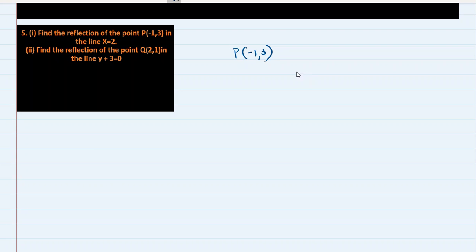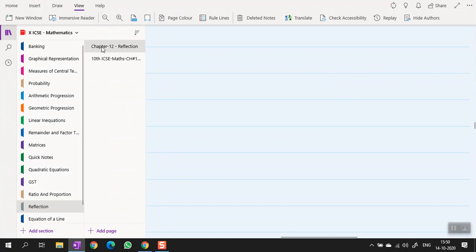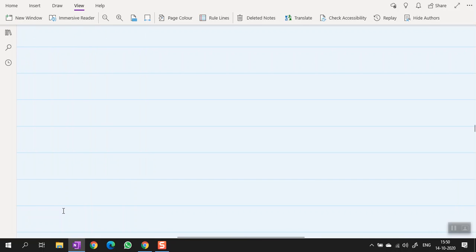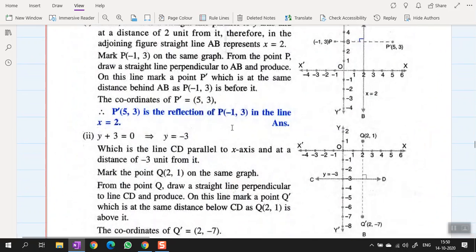For that we need to plot the graph and find the reflection of this point. Without plotting, we cannot do questions like this. Okay, so let me show you how they have done it in the textbook, because they have plotted it so that we can directly have a look.